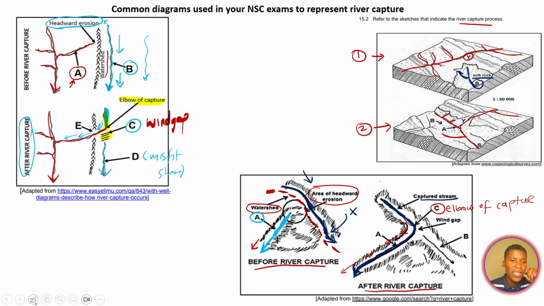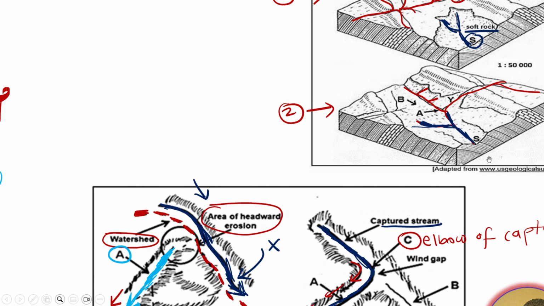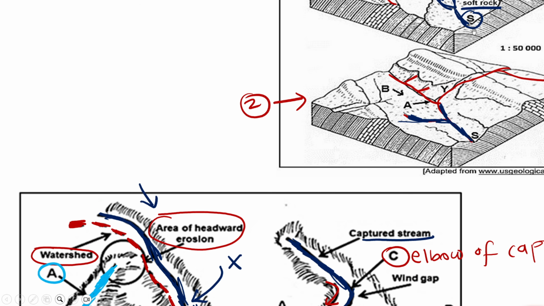Now we can just highlight stream S once more with purple. This was our stream S, but now you can see that it has got more water, and some of the water is coming from stream Y. So stream S, which was our capture stream that went through the soft rock, has captured stream Y.